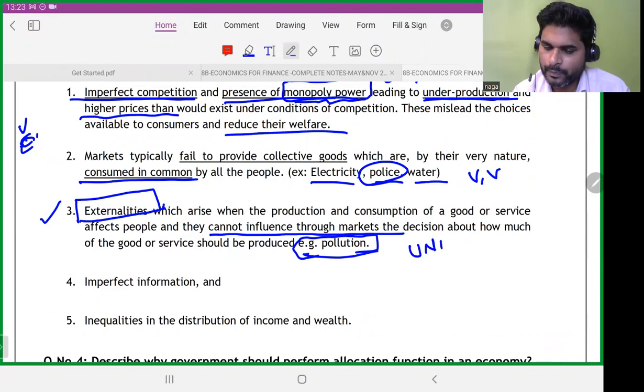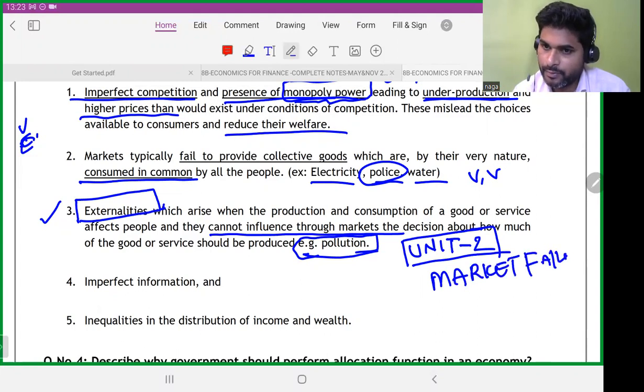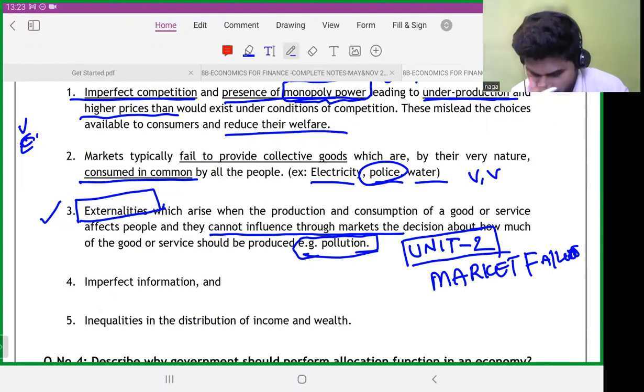I'm not spending too much time on this point; we will come back when we study market failure. We discuss there what is meant by externality. Sometimes there are certain outside forces which are not relevant for a particular individual, still he is affected because of someone else's benefit. Things like pollution, I'm just leaving it here.